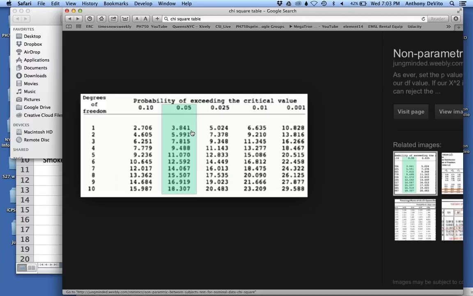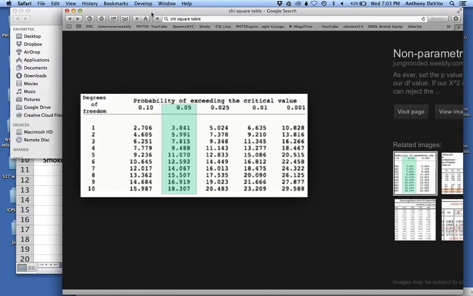When we use SPSS, we'll actually get a p-value for a specific number, like in our case, 8. It will give us a specific number for the probability of getting something that big, which might be 1%, which is the chance of being wrong. So you would reject your null hypothesis because there's less than a 5% chance of being wrong. But it'll actually give us a p-value or significance, right?